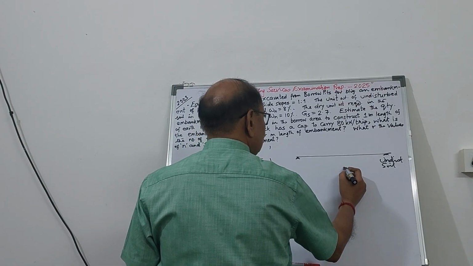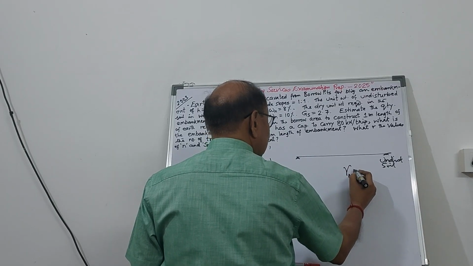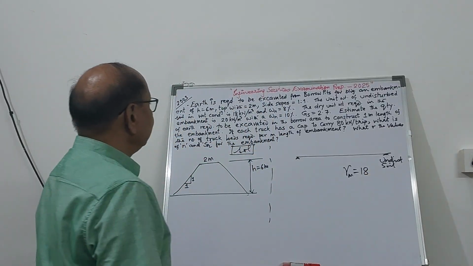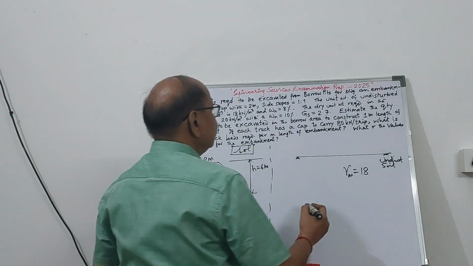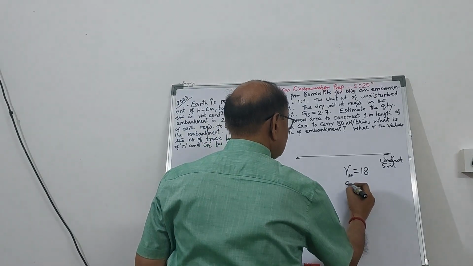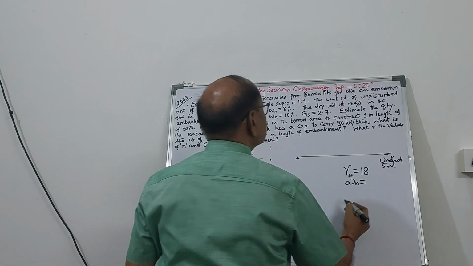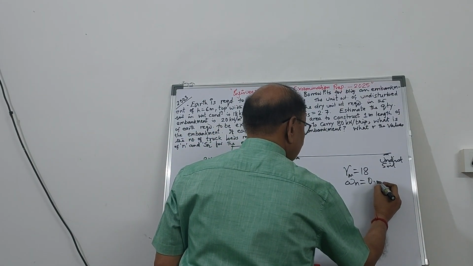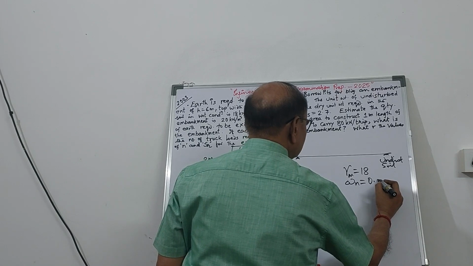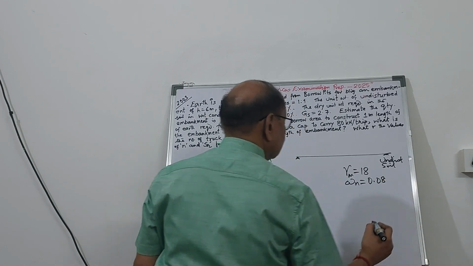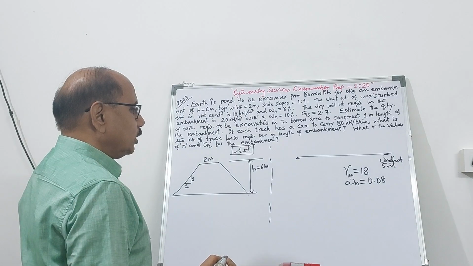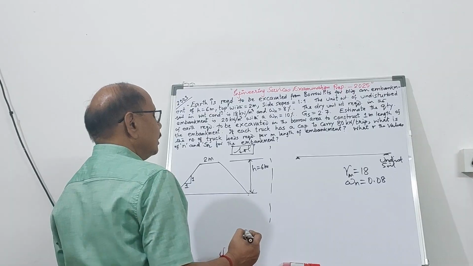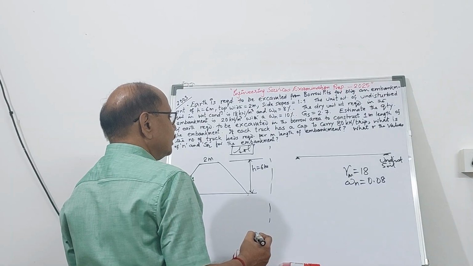So gamma moist is given to you as 18 kilonewton per cubic meter, and the natural moisture content is given to you as 8%. So 8%, that is 8 divided by 100, so 0.08.